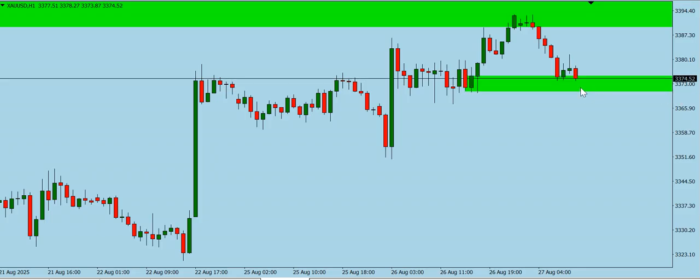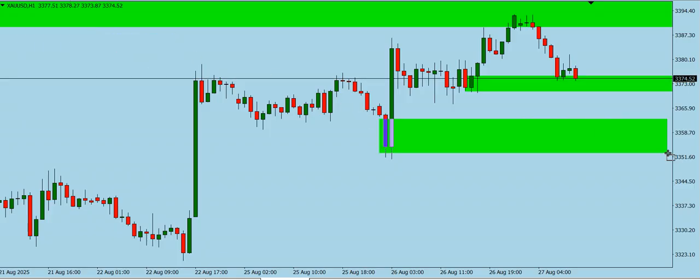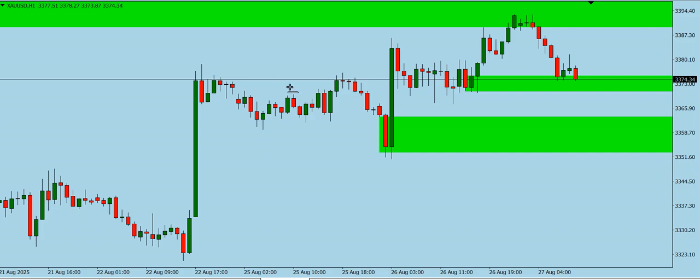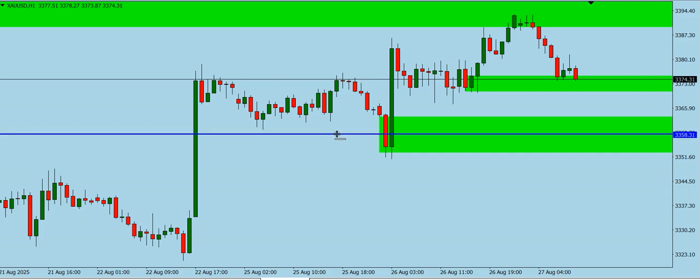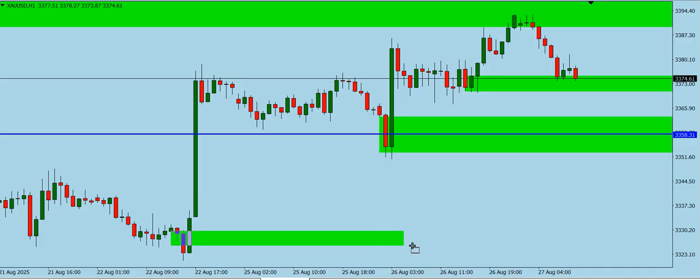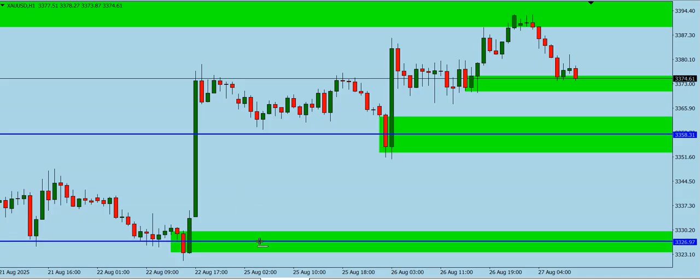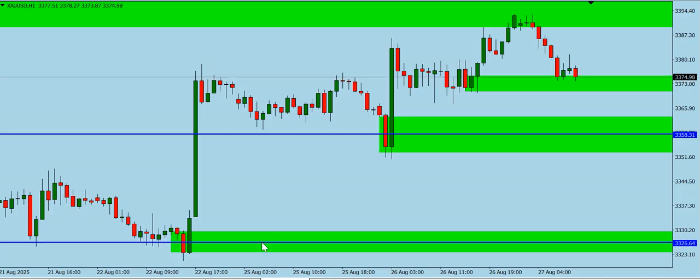A break below this support, price will target the next one, which is at 3358 area. A break below 3358, price might likely target 3326 area.